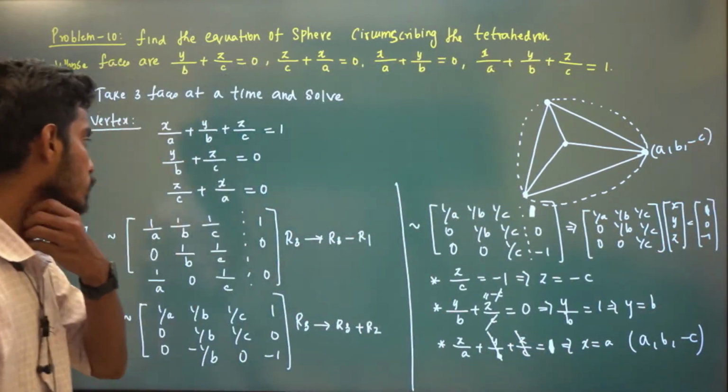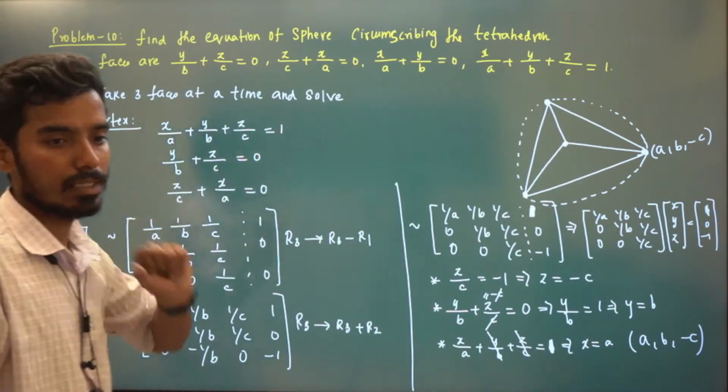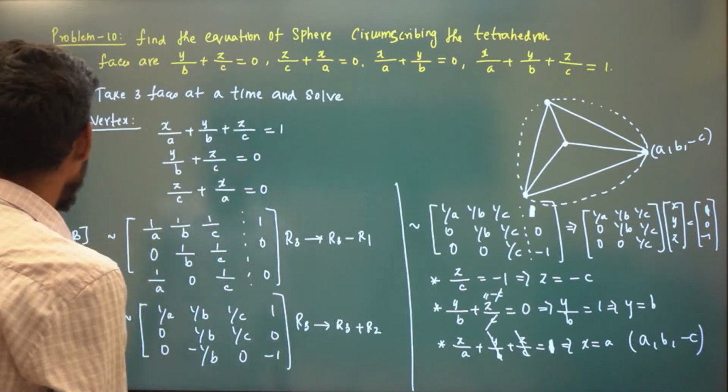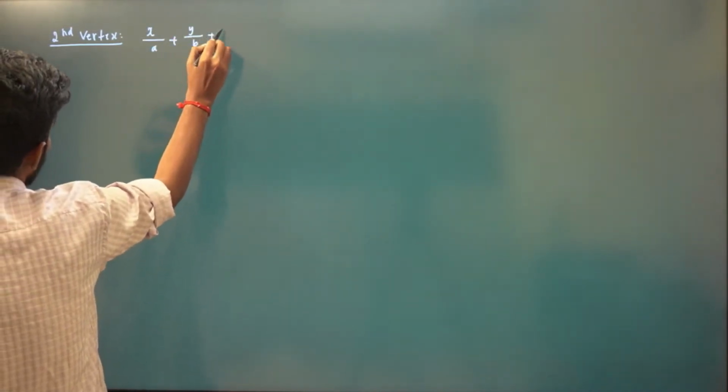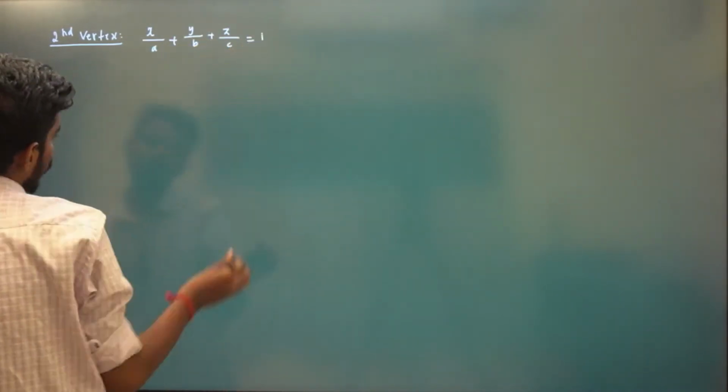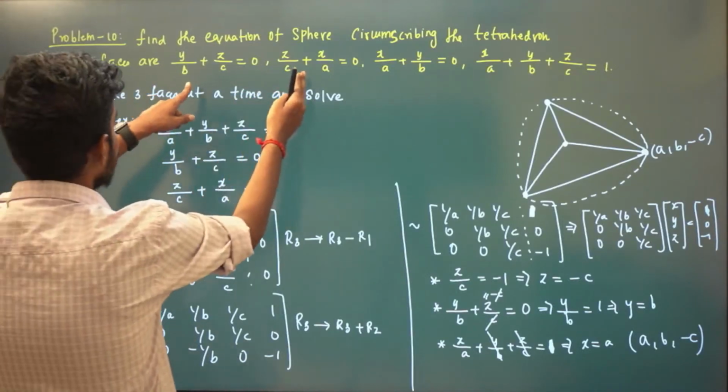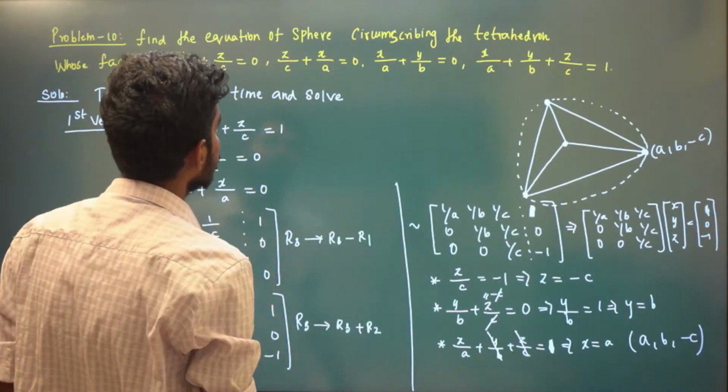Now you have to do this similarly. You need to find the other 4 vertex, right? Now for finding the second vertex, take the face, fix this face x by a plus y by b plus z by c is equal to 1. So instead of taking first two, I'm taking second and third.